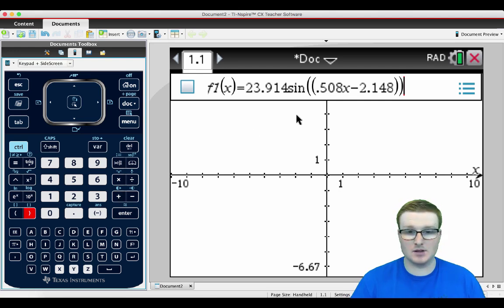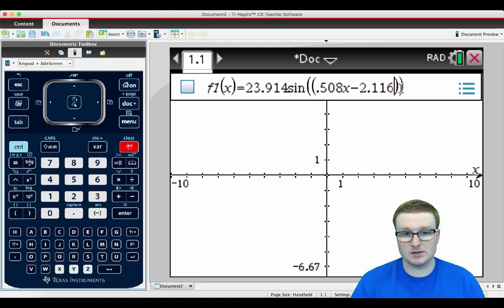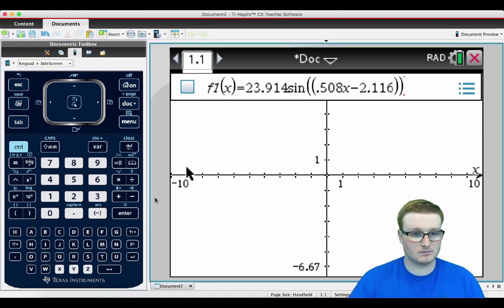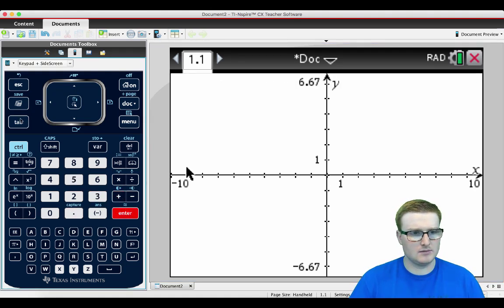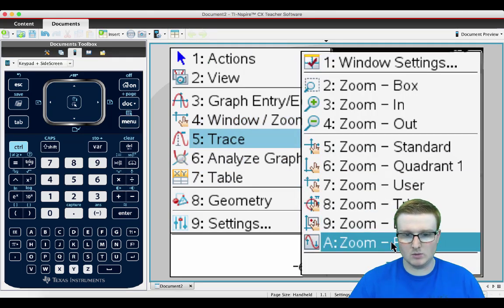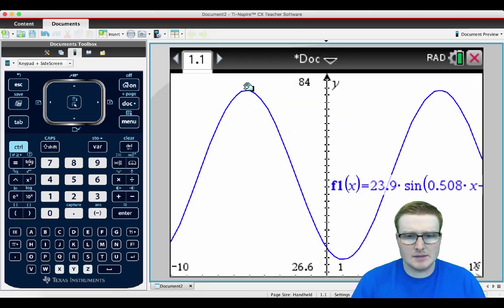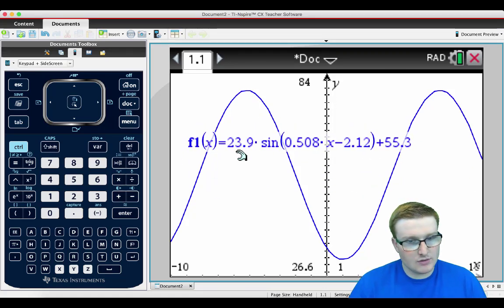I'm typing in the wrong one. Hold on a second. 0.508x minus 2.116. I need to make sure that this is typed in correctly. Give me 1 second. Did I type it in right? Okay, there we go.